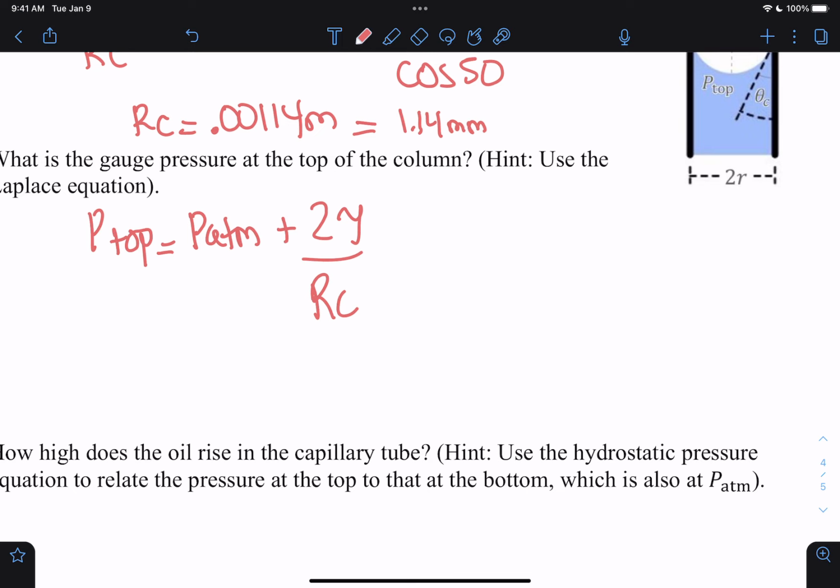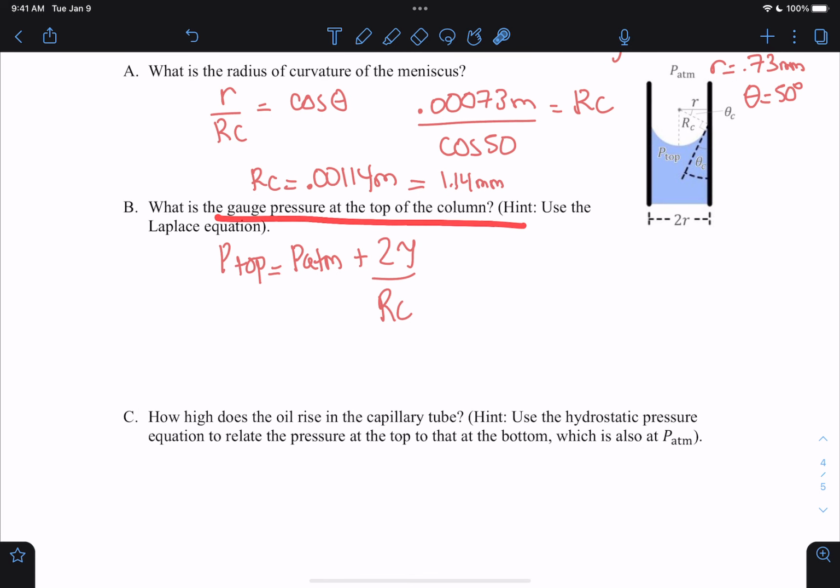But when they're asking about gauge pressure, what is the gauge pressure at the top of the column? Well, what is the gauge pressure of atmospheric pressure, or the outside here?